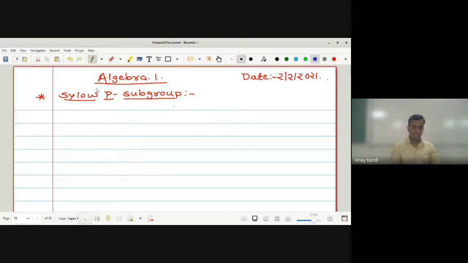So what it says: if the order of a group G is equal to P raised to n into m, such that P does not divide m.